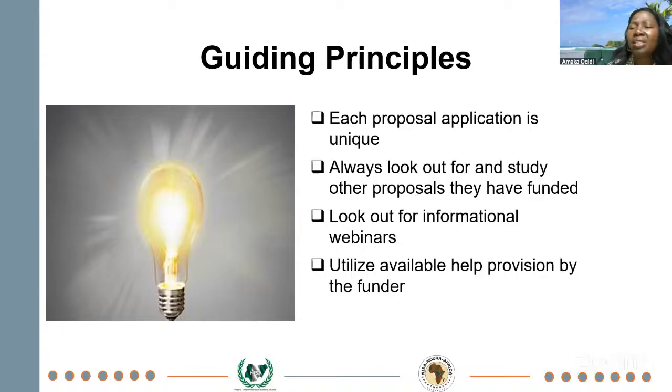The next one is, at any point that you find something shady, so long as you started early, check out if there's a contact. Most of them put in their program officer's contact, and they will say, in case you need any guide, you can reach out to this contact. It's a very good thing to always use that, to ask questions, to get clarification.